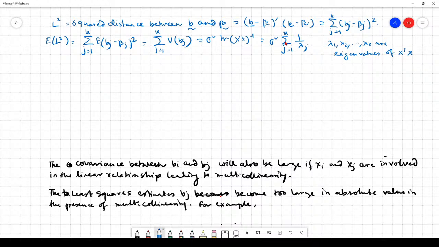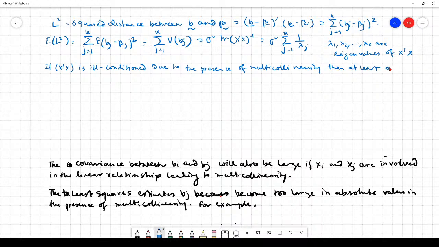And if X prime X is not full rank, or if X prime X is ill conditioned, that is due to the presence of multicollinearity, then at least one of the eigenvalues will be small.